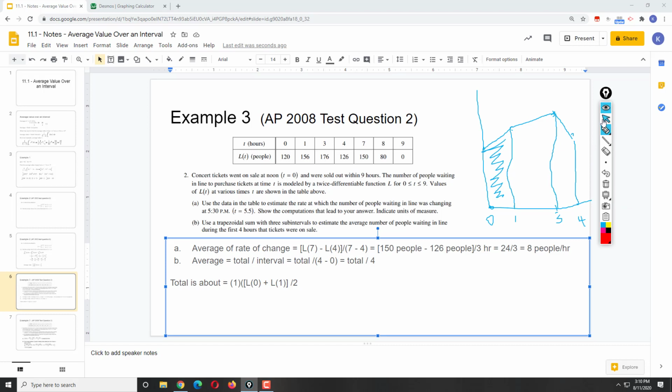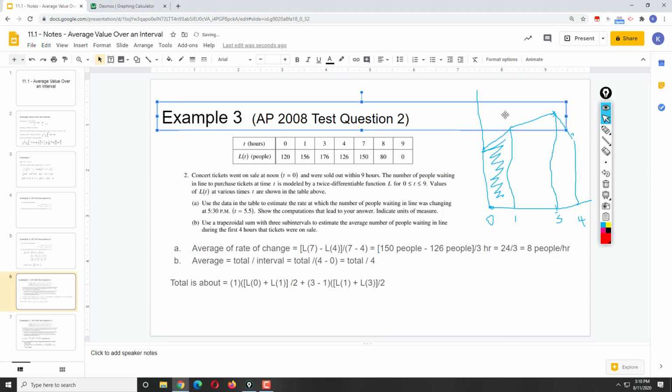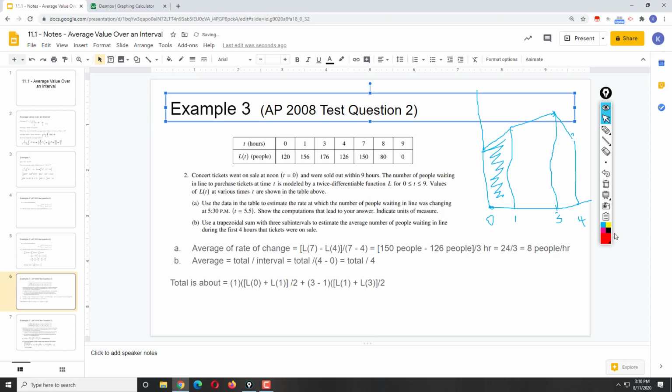Next, second interval. This time we're going from 1 to 3. So it's going to be 3 minus 1 times L(1) plus L(3), divided by 2 because we're taking the average. That gives us the estimate for the area of the trapezoid for the second interval.